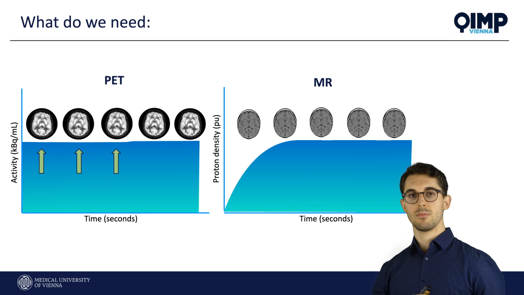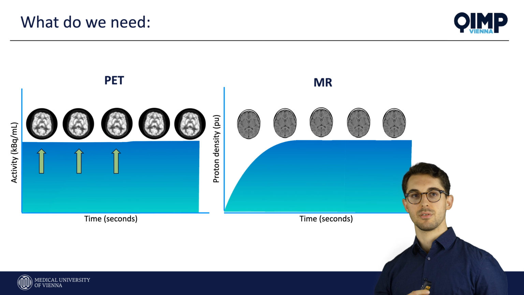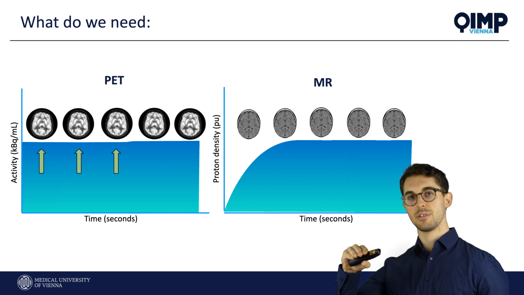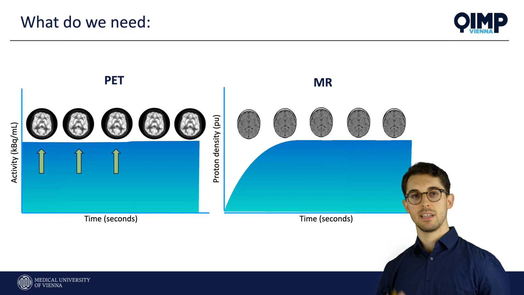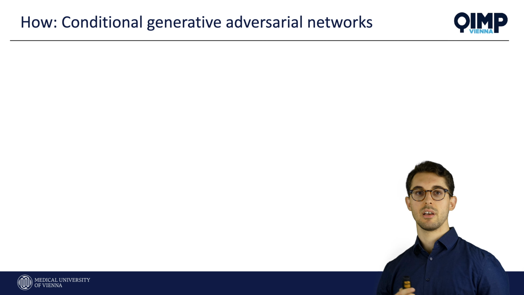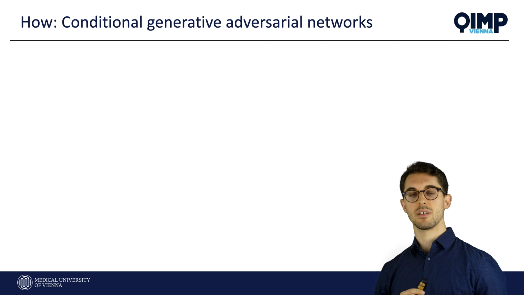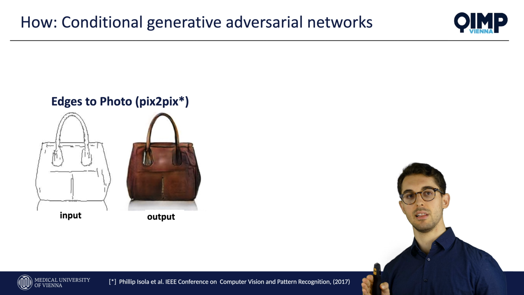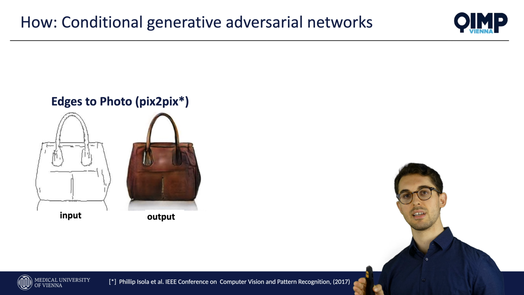To overcome this problem, we need a transformation to achieve constant activity over time in PET images as well. We are looking for a technique which does smart Photoshop, preferably automatic. And recently, we came across an algorithm which converts drawings to realistic paintings using a deep learning technique called CGANs, conditional Generative Adversarial Networks.